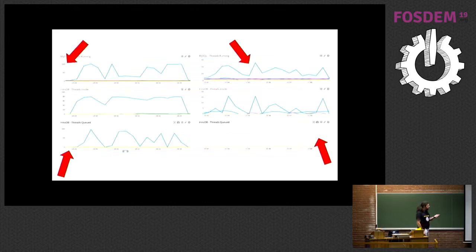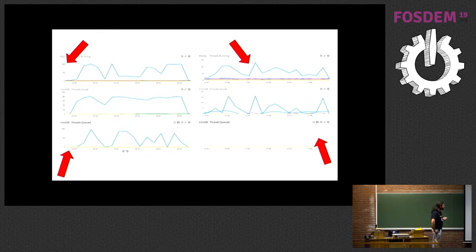And during the same benchmark, they noticed the number of threads running, this with MySQL and this with ProxySQL. Threads running with MySQL was spiking up to 100, while when they were using ProxySQL, the number of threads running was spiking up to 25.